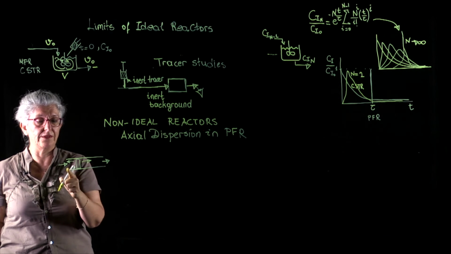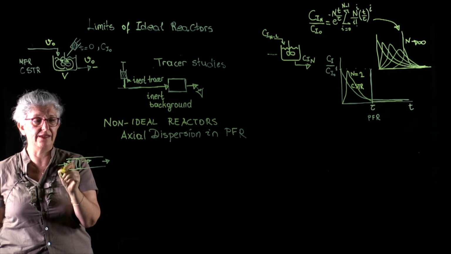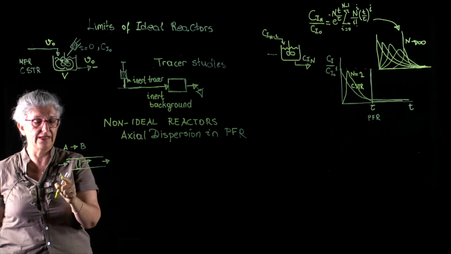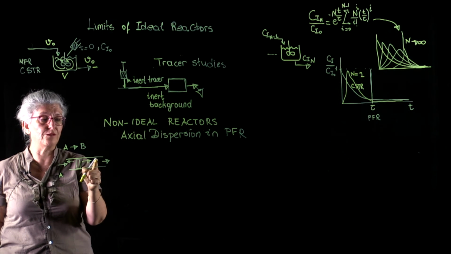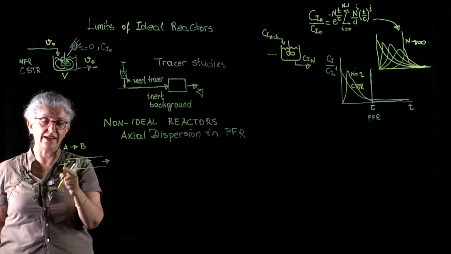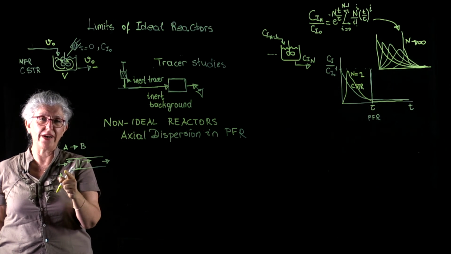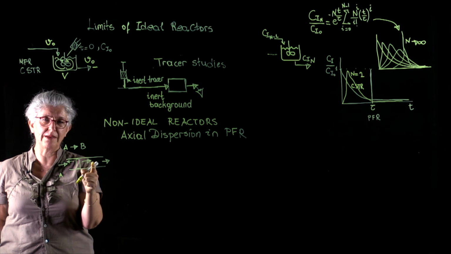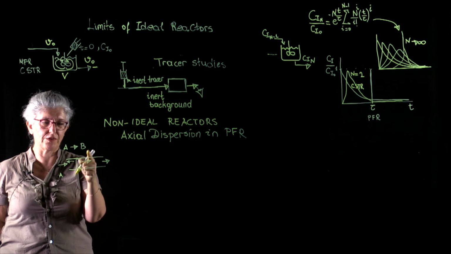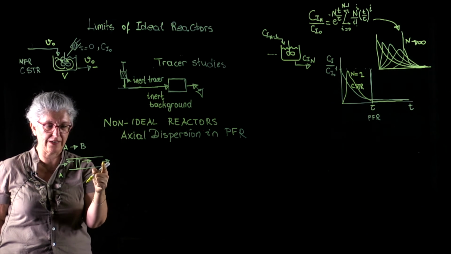For example, the reactant A in an A goes to B type of reactor. The reactant A, as the reaction proceeds, is going to be depleted towards the end of this reactor, and A molecules may rush to fill the chemical potential depleted because of the conversion towards the end of the reactor.